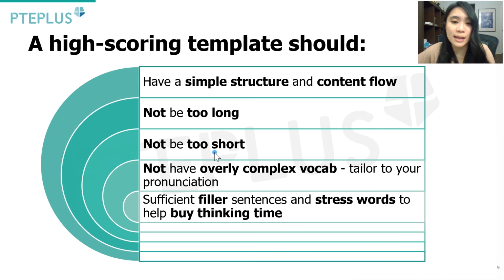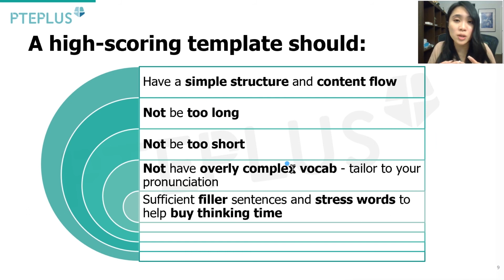Okay, now number 4, your template should not have any overly complex vocabulary. For example, you shouldn't have anything like "the graph illustrates", any of these "illustrates" or "in contrast", any of these complicated words. Because why? Number 1, they will not add to your content.